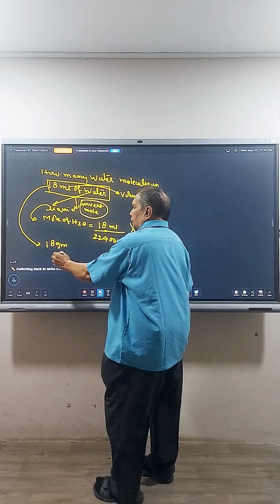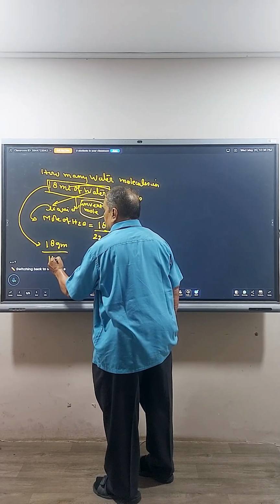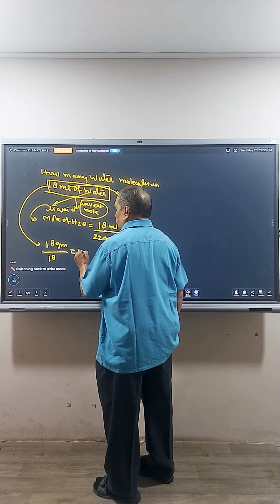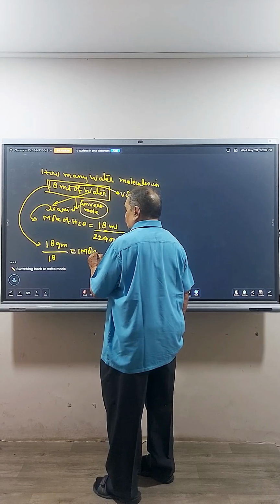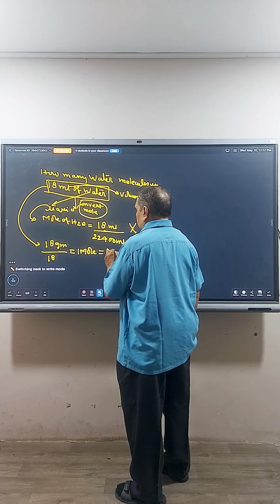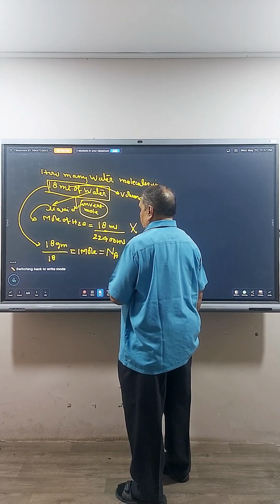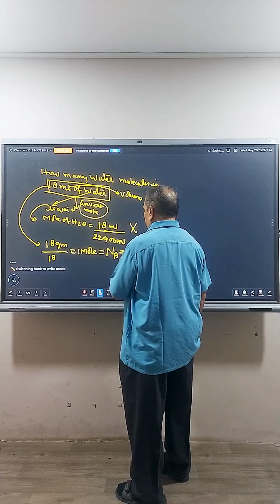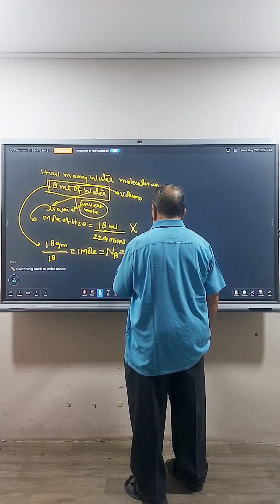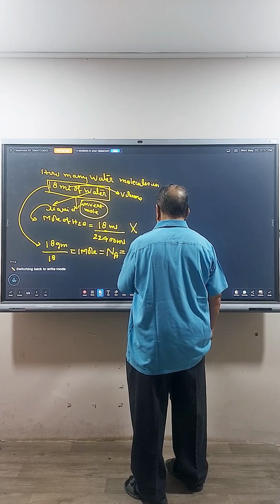So 18 upon 18, which is the molecular weight of water, you get 1 mole. And from mole concept, you know 1 mole is equal to Avogadro number of molecules, which is equal to 6.02 into 10 raised to 23.